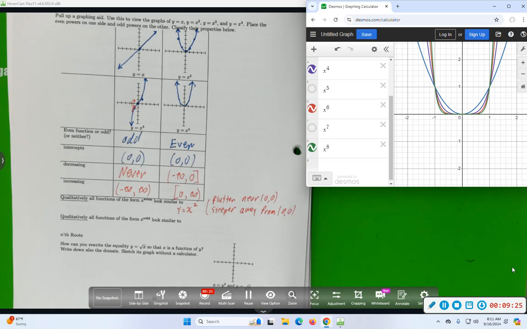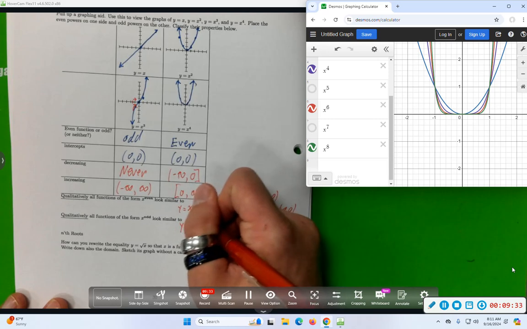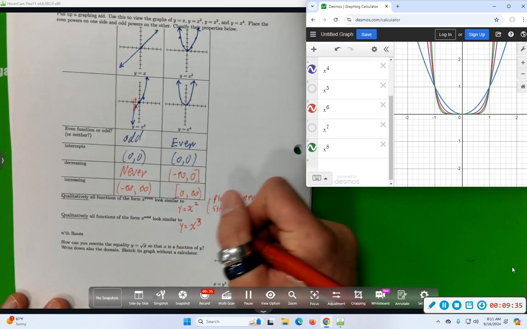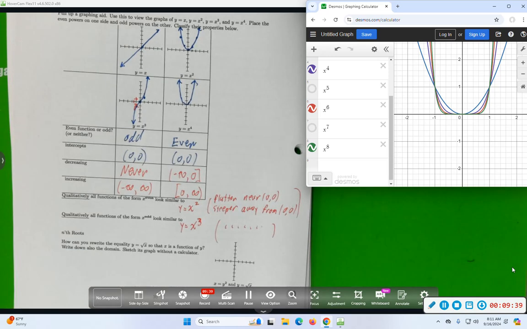Odd power functions, I think those are going to mostly all look like x cubed, with the same caveat. They're flat or close to the origin, steep or farther away.